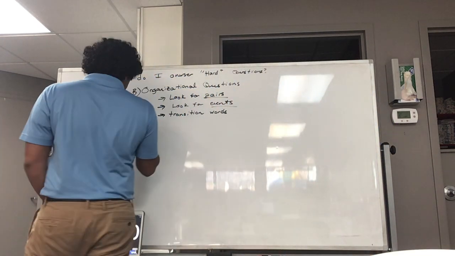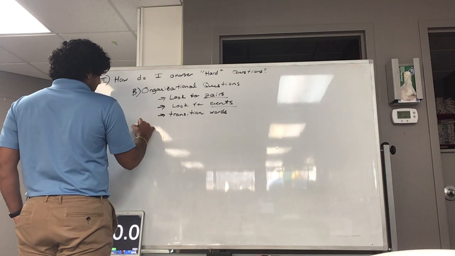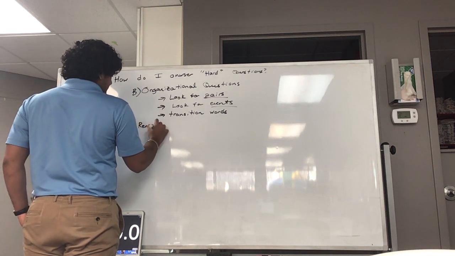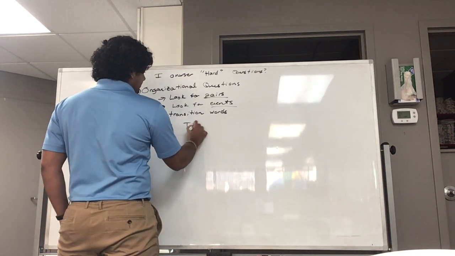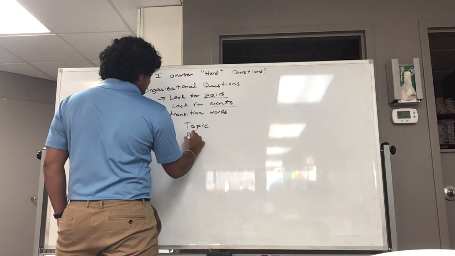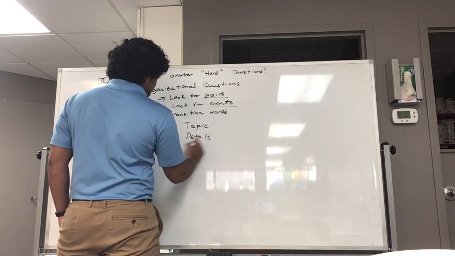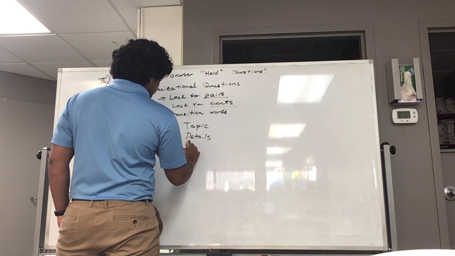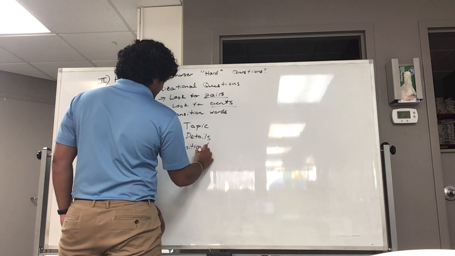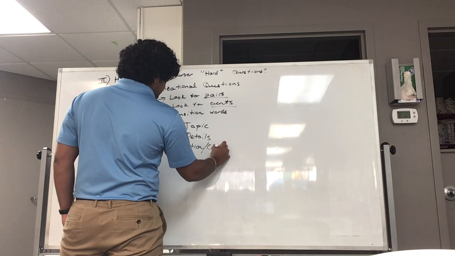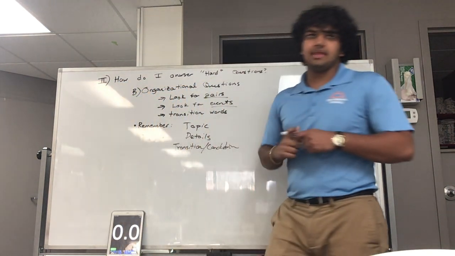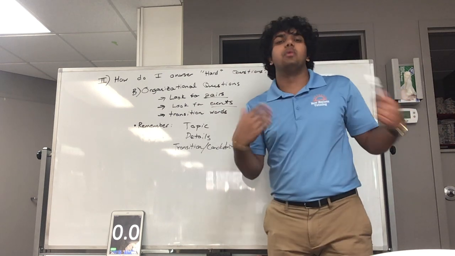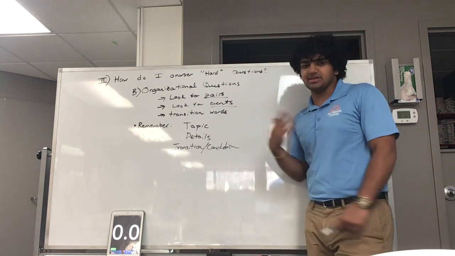So that can be helpful sometimes, just remember paragraphs for the most part go topic, details, and then transition or conclusion. They kind of always fit in that mold. I mean, they won't always, but this is just a thing to help you if you get stuck.